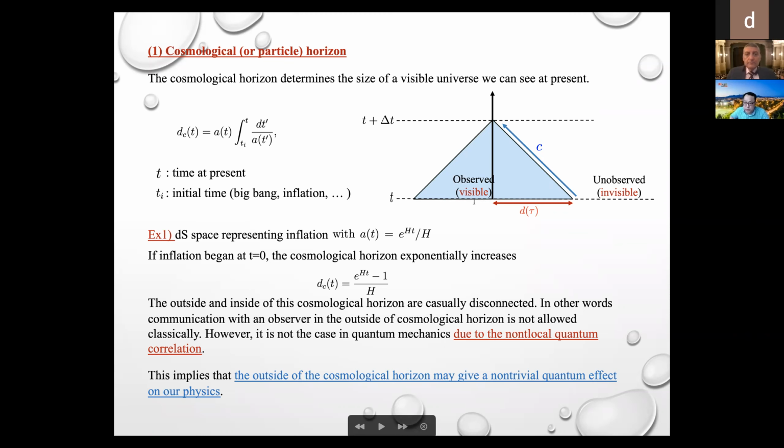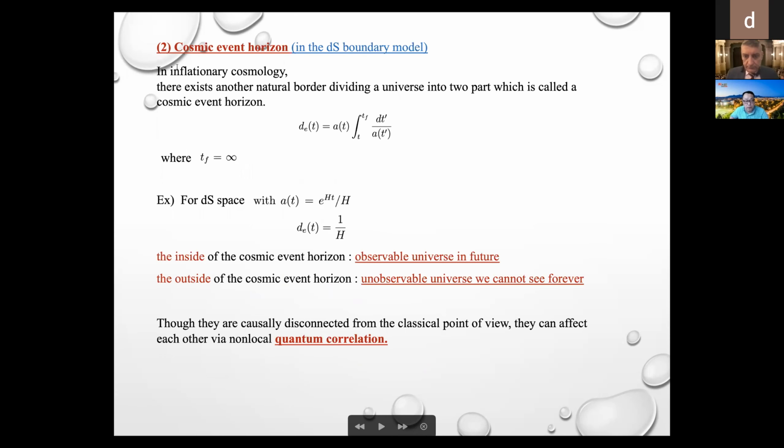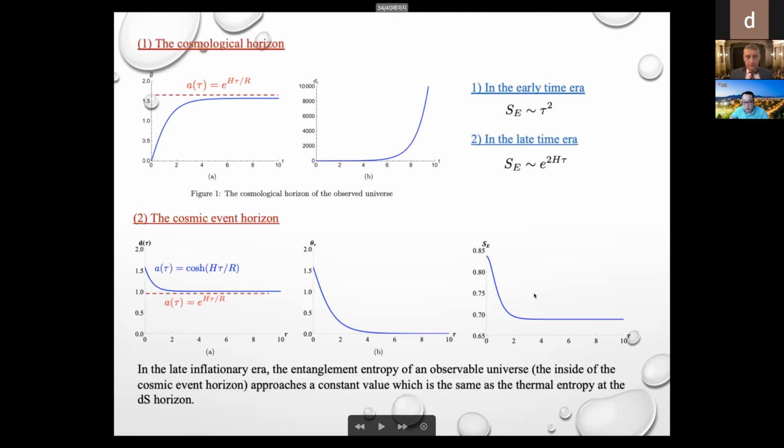However, if we consider some quantum correlation, then we can obtain some non-trivial correlation, because quantum correlation is usually non-local. In that case, we find the entanglement entropy shows a different time dependence. Also, one interesting thing is if you consider the cosmic event horizon, then this is the result.